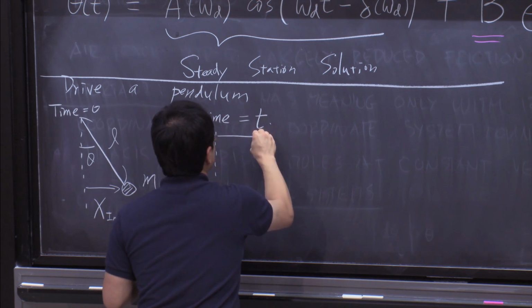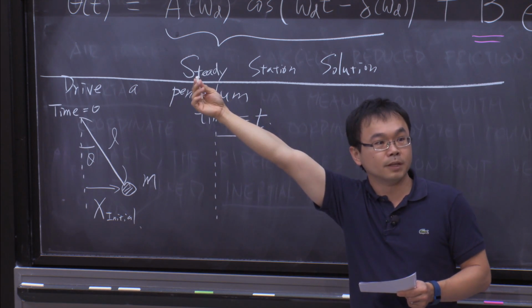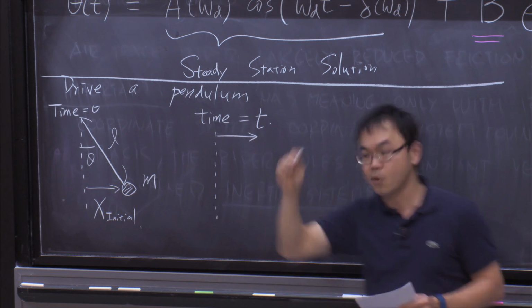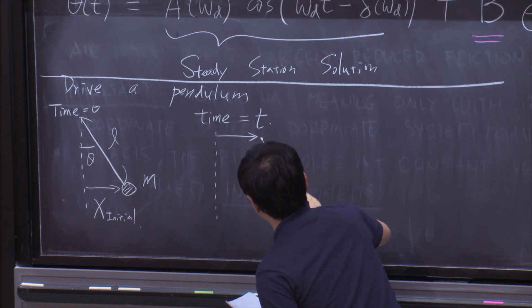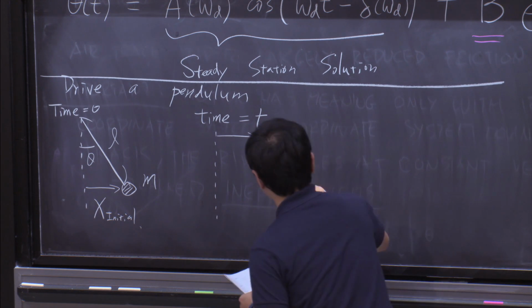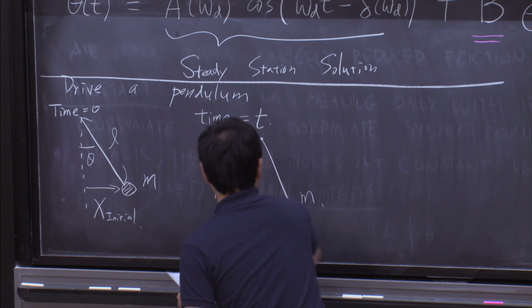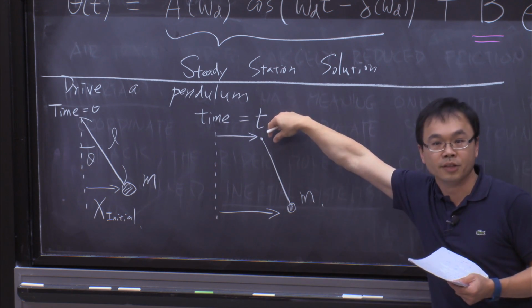I can move the top of the string back and forth to some position, and of course, this string is still connected to the ball. This system is driven from the top by Yen-Jie's hand.